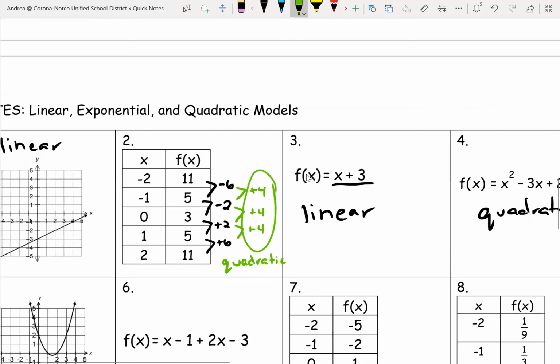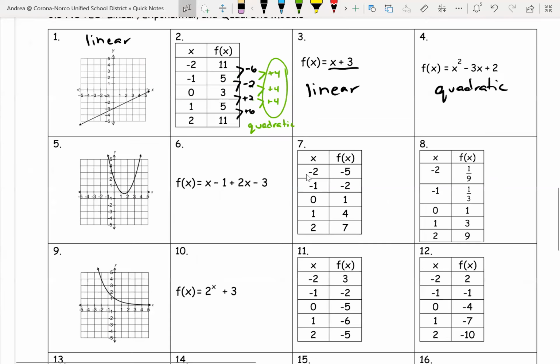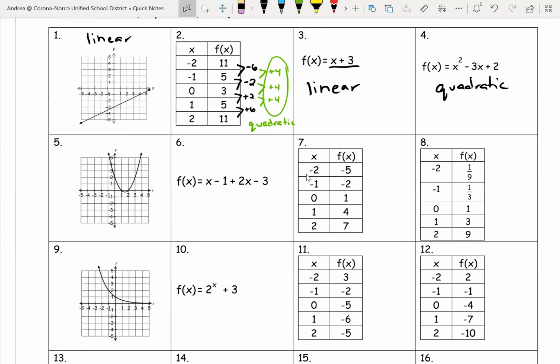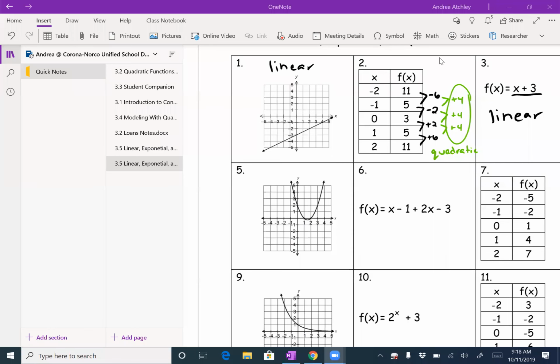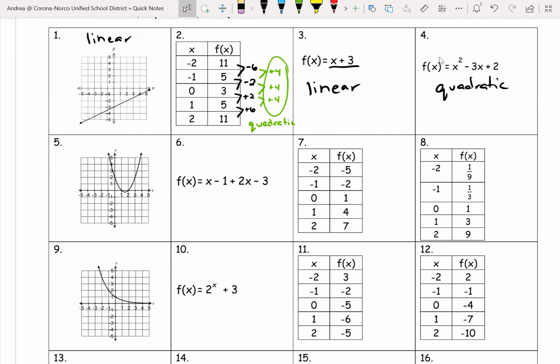Okay, you guys do the next 4. Okay, we're back up here. Evan, what'd you get for number 5? Very good.